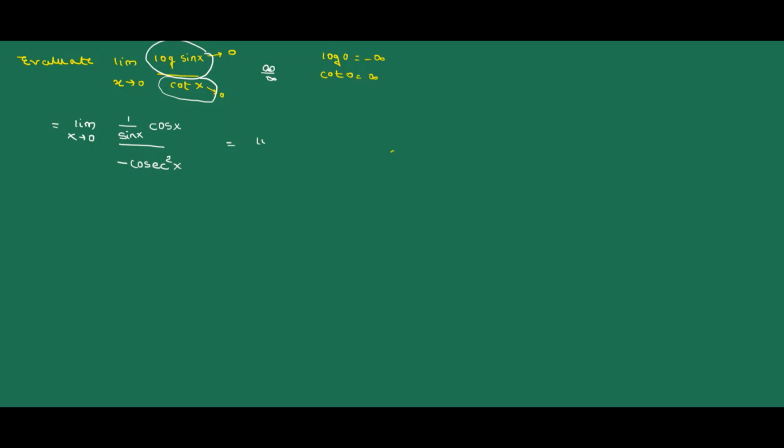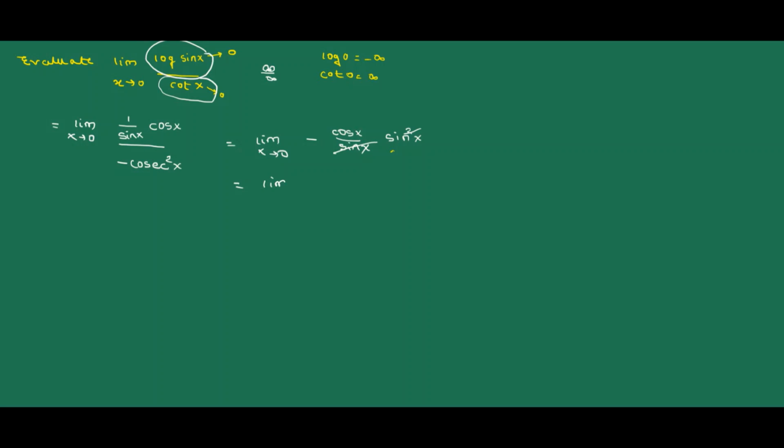We can also write it as limit x tends to 0. First I will write the minus sign. This is cos x divided by sin x, and this 1 divided by cosec square x we can also write as sin square x, where one of the sin x gets cancelled.